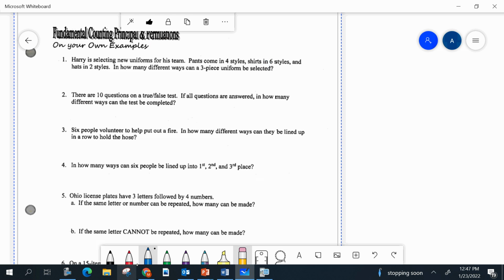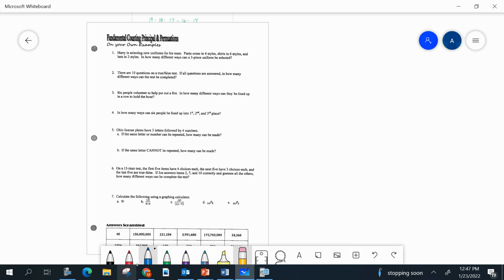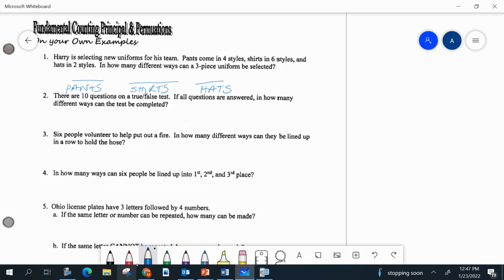All right, so what we're going to do is we're going to make a blank for the pants. Oops, sorry about that. We've got pants. And what else? We've got shirts, and then we've got hats. And that's what the blanks are going to be. Well, how many choices are there for pants? And there are going to be 4 styles.